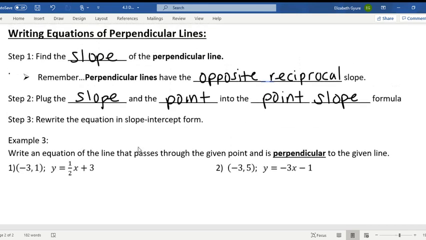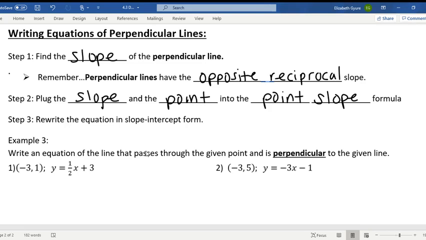So, here, I'll give you guys a second. I know some people are still coughing. So example 3 says write an equation of the line that passes through the given point and is perpendicular to the given line. So again, perpendicular lines have opposite reciprocal slopes. So when we did this yesterday, we would take a look at our equation and we wanted to use the same slope.